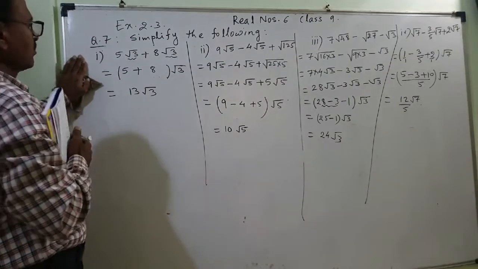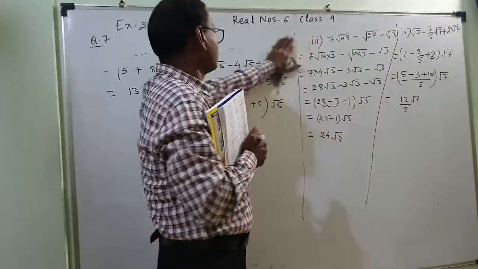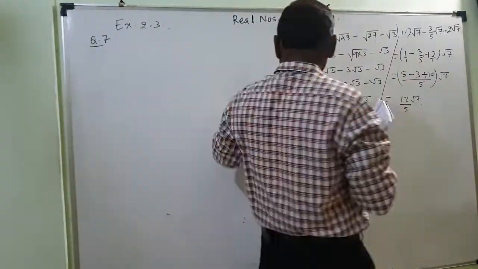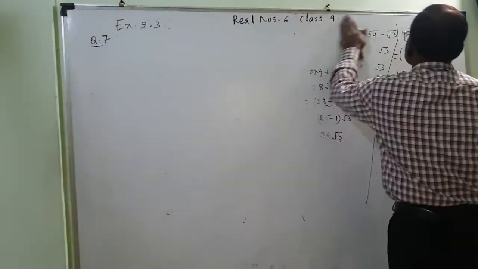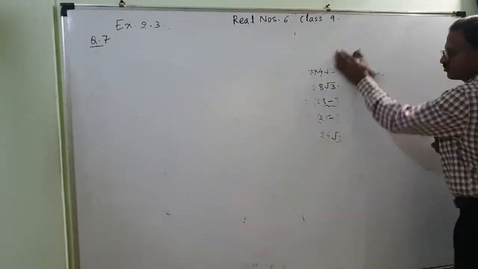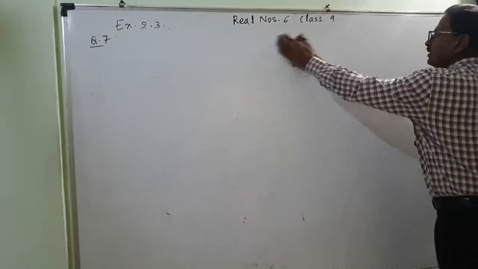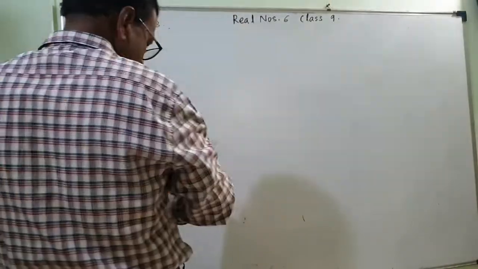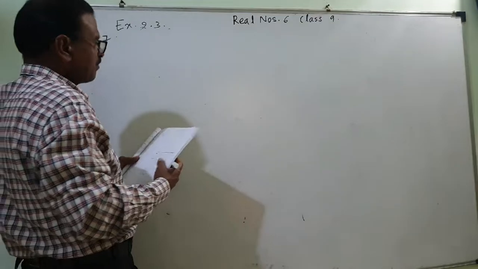Now 7th one. So in the 7th question what they want is to multiply and write the answer in simplest form.